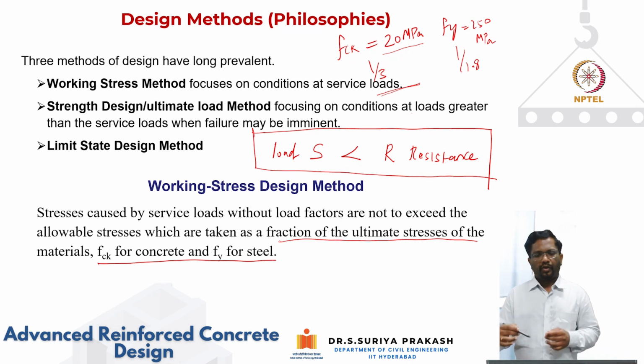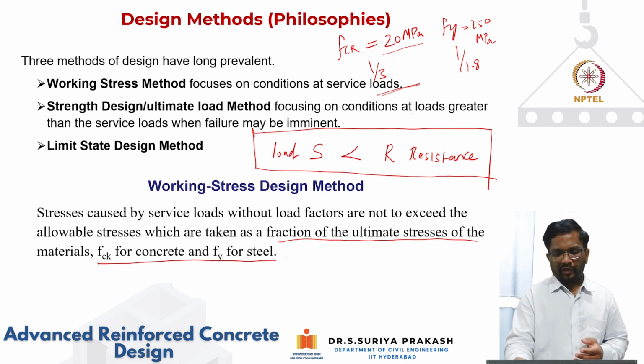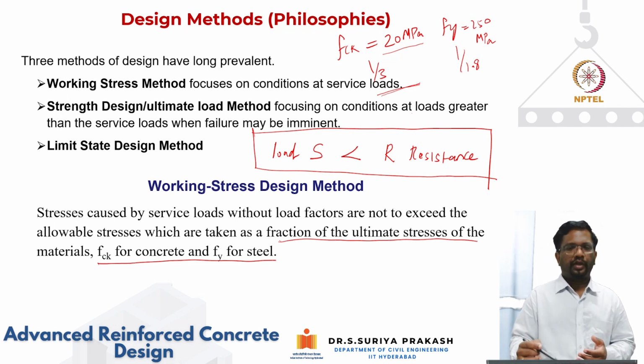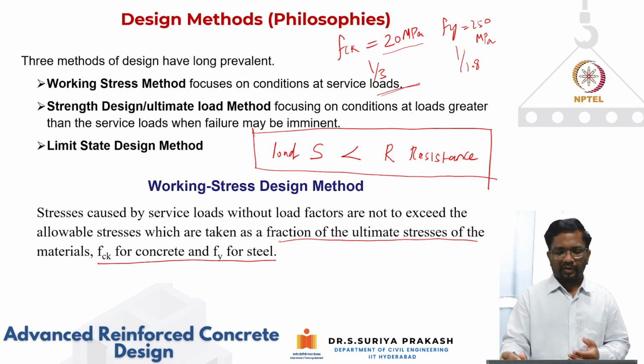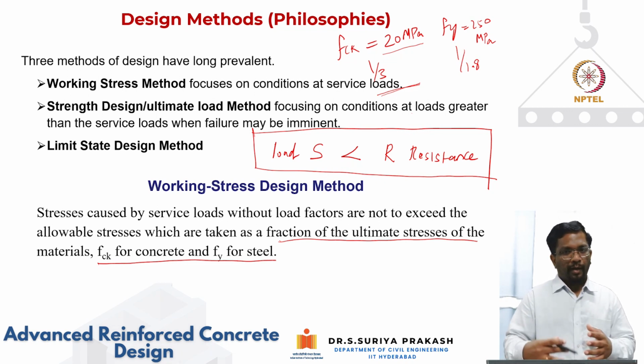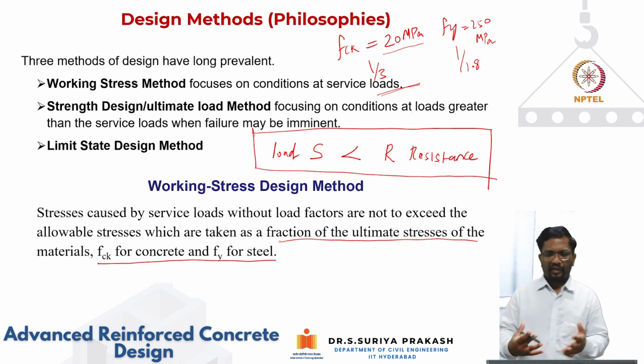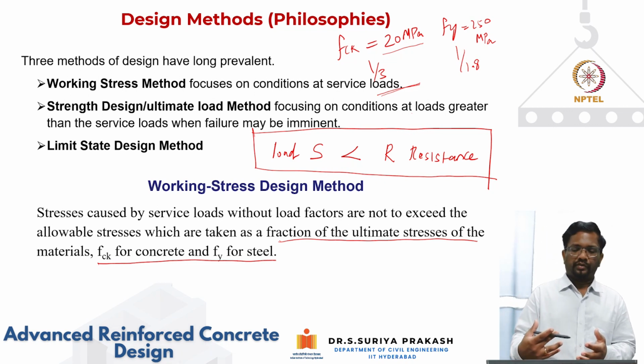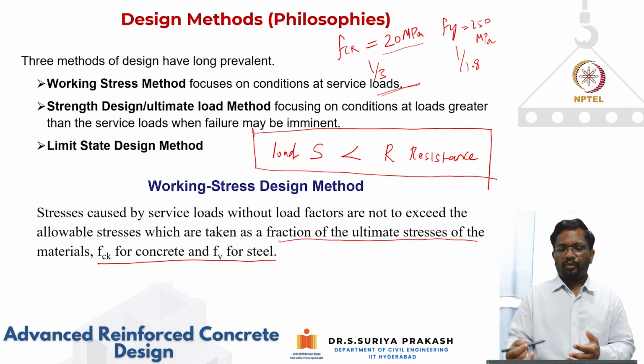Ideally, for good design, you can increase the load or reduce the resistance, or you can do both. That's what we do in the limit state method, which we'll talk about. In the working stress method, we don't amplify the load effect. We just take the internal forces from service, without any load factors.